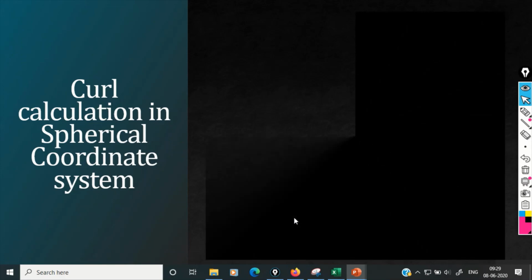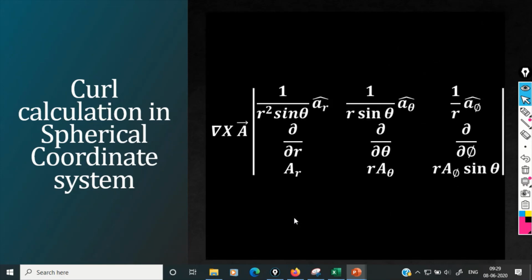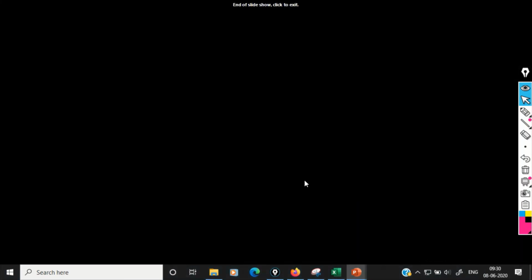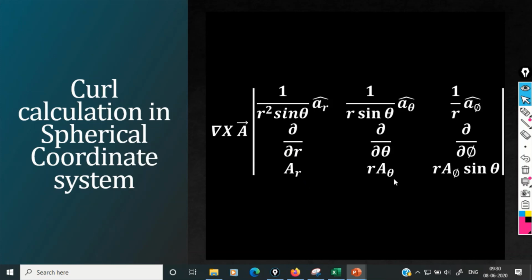In spherical coordinate system, I will get the operator as this. It is 1 by r square sine theta ar cap, 1 by r sine theta a theta cap, 1 by r a phi cap. So I have ar cap, a theta cap, a phi cap, corresponding partial derivatives, that is dou by dou r, dou by dou theta, dou by dou phi, and you have the components available in every direction, that is Ar direction, A theta direction, and here you have A phi direction.